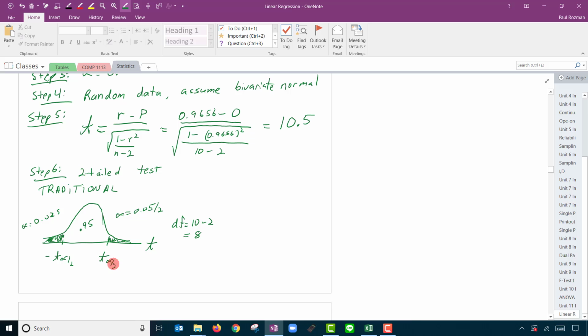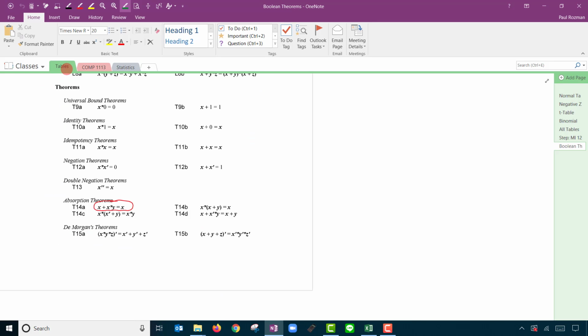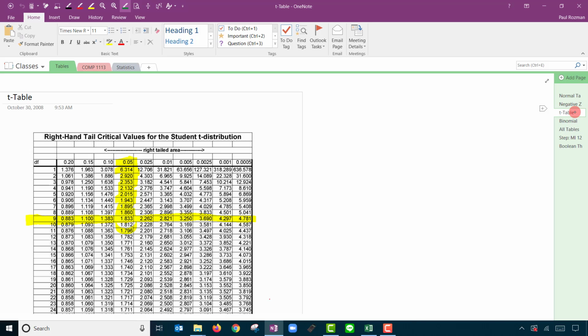And now we just have to look up these values in our t table, or we could calculate them in Excel, T.INV.2T, and then you put in alpha and your degrees of freedom. Alternatively, we can just go and look at our t table. So we're in row 8.